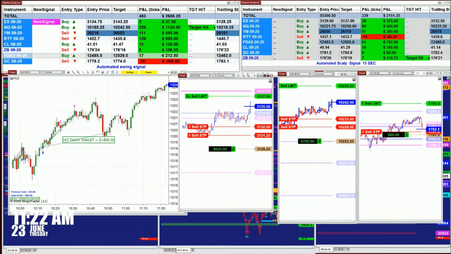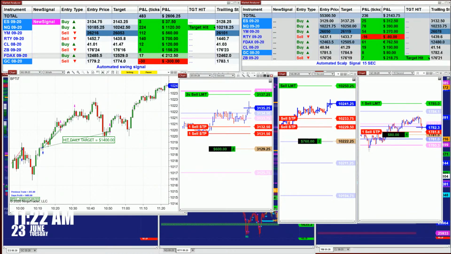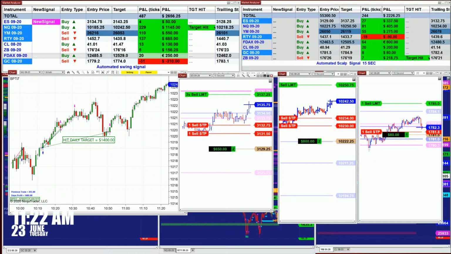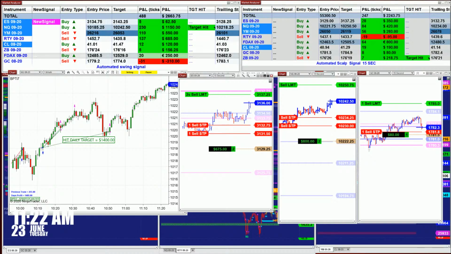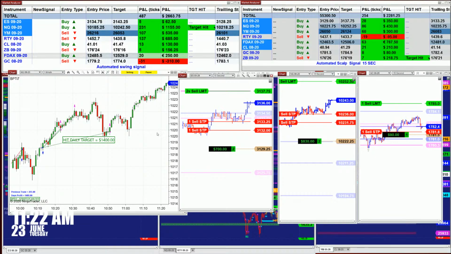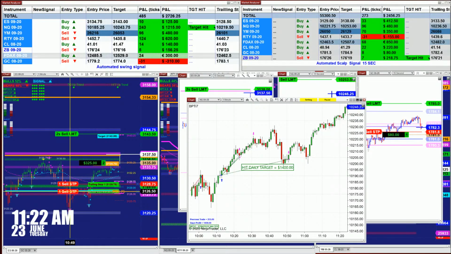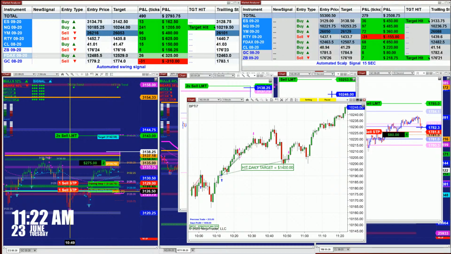Boy, today was extremely slow, guys, and this is the first break we have. The Nasdaq did well earlier today, but this is the first really nice move on the ES. The whole morning we were waiting for the ES to break that area, and finally it broke.